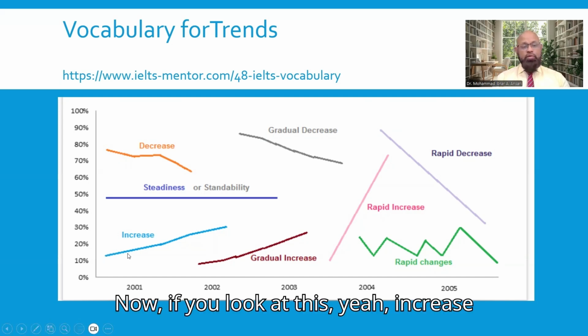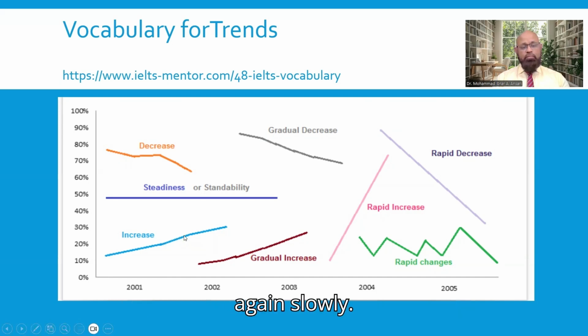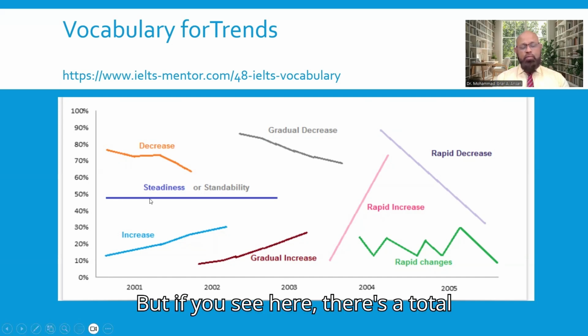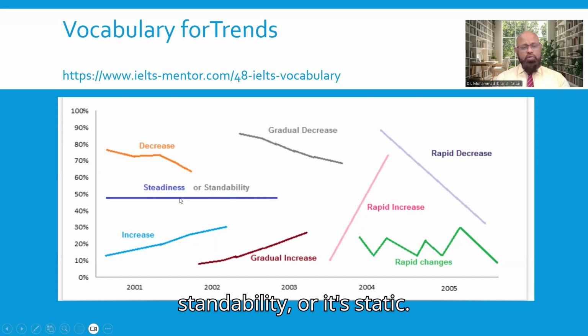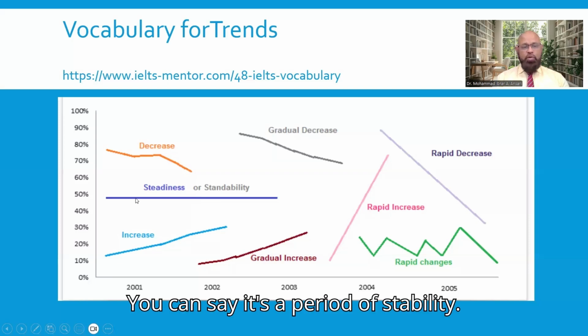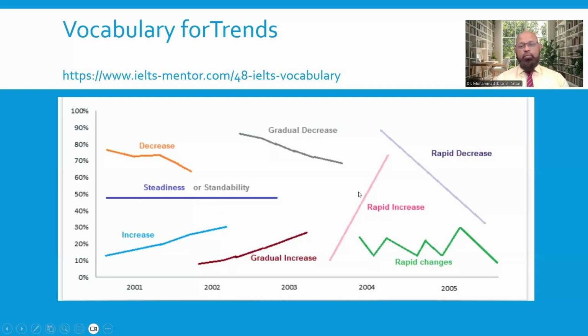Now if you look at this, increase again slowly. As you see, gradual increase. But if you see here, there's a total stability. That means steadiness, or it's static. It's not going up or down. You can say it's a period of stability.